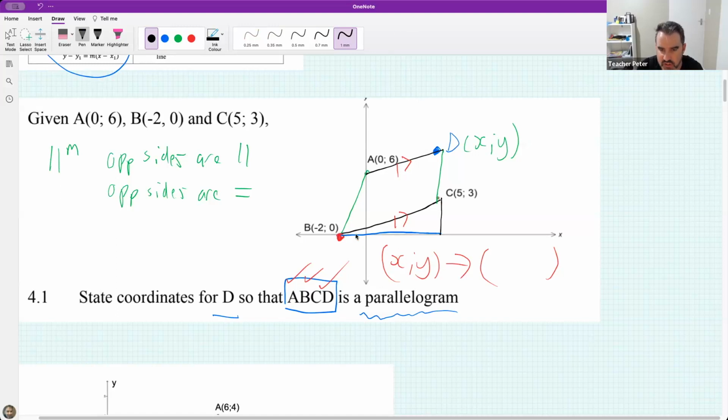So X changes in a certain way to go from -2 to 5. How much does the X change? And how much does the Y change to go from B to C? I want you to put in the chat. How much does it change? If I was at -2 on X and I was at 5 in C, I think it increases by 7.